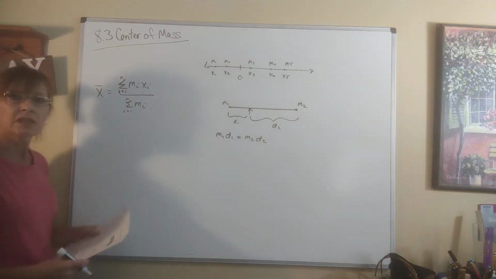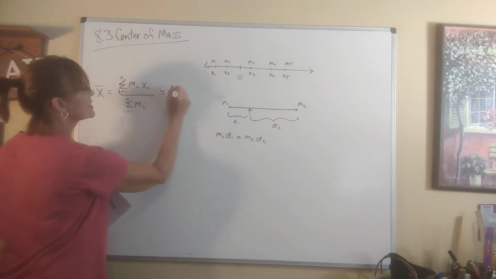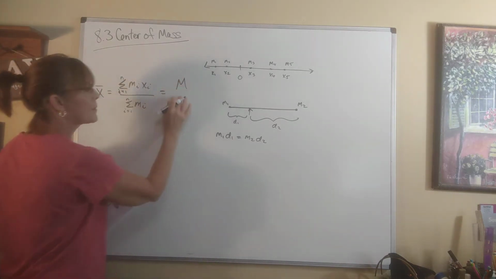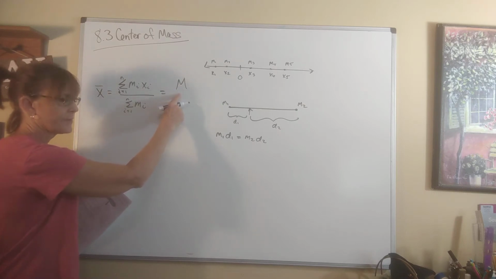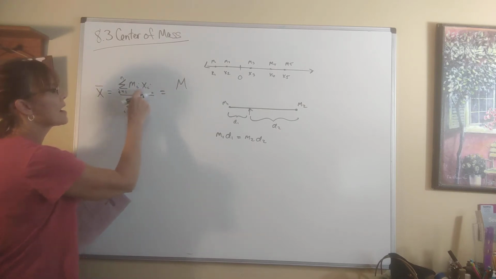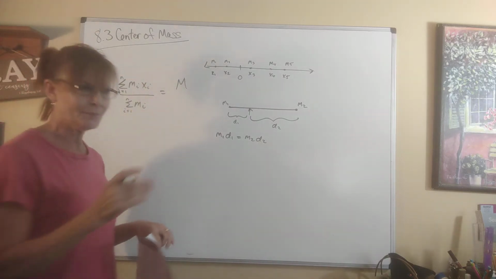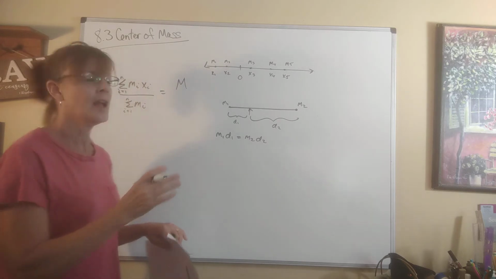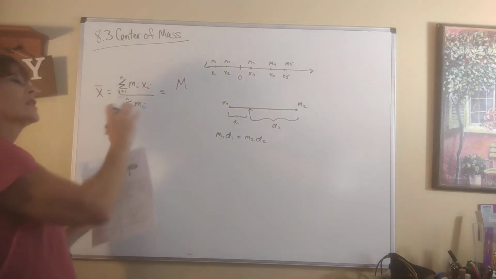These are the names given to these entities, and they are also given different expressions. This is often abbreviated as capital M, and this is called the moment of the system. These m sub i, x sub i are individual moments. Moments are the tendency to make something rotate a certain way.